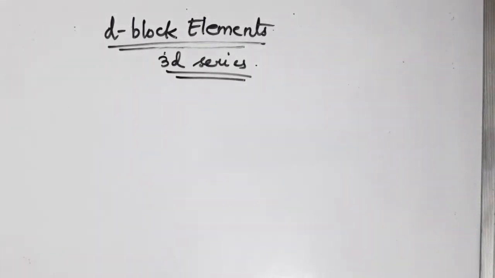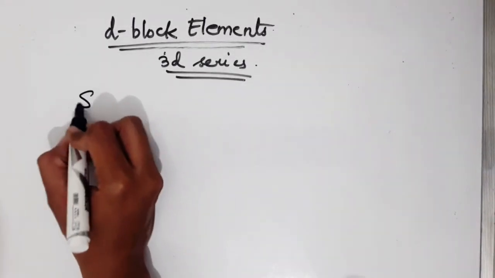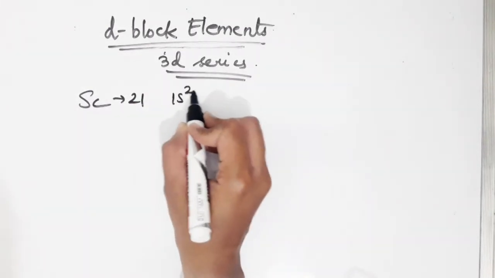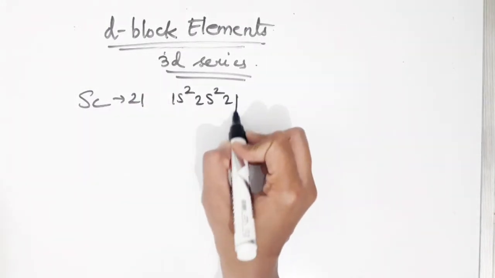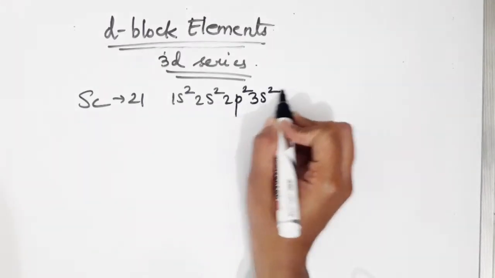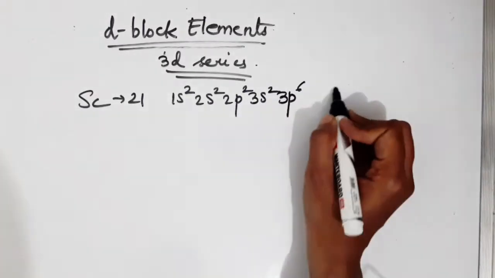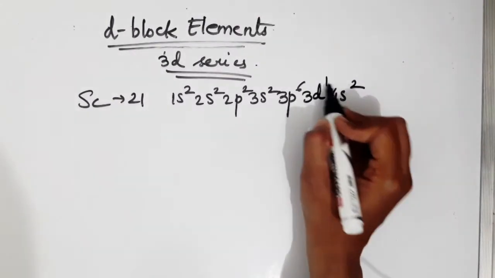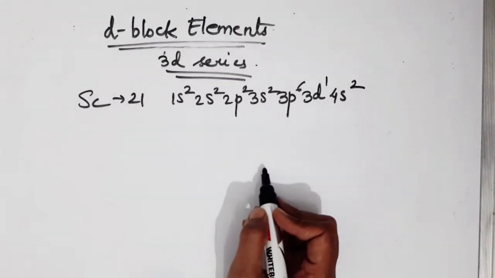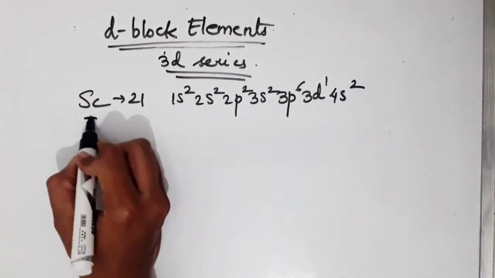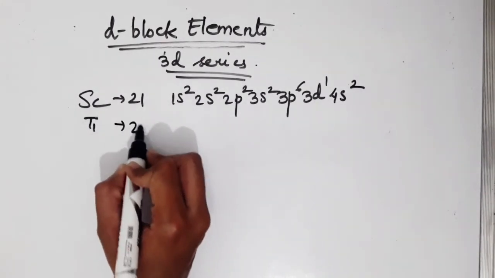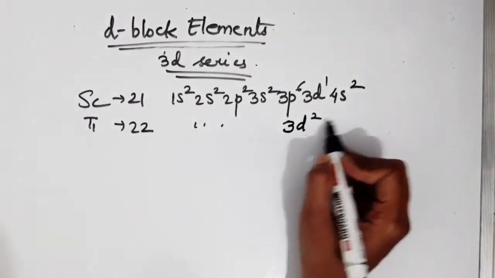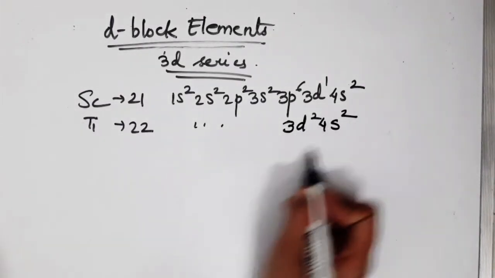The first element of the 3d series is scandium, having atomic number 21. The configuration you can write as 1s2, 2s2, 2p6, 3s2, 3p6, 4s2 and then 3d1. Moving forward, we have titanium, atomic number 22, with configuration 3d2 4s2.